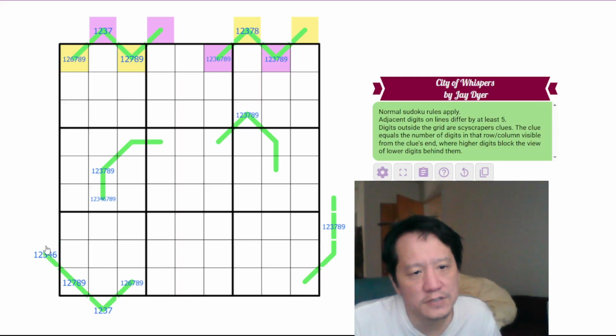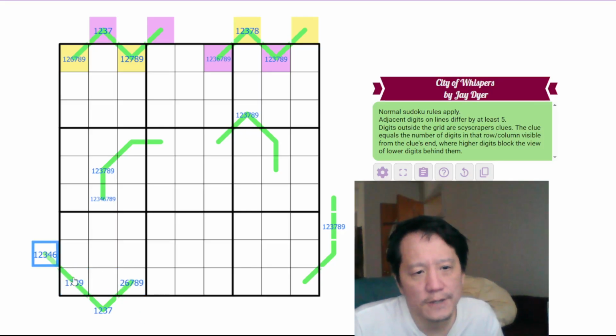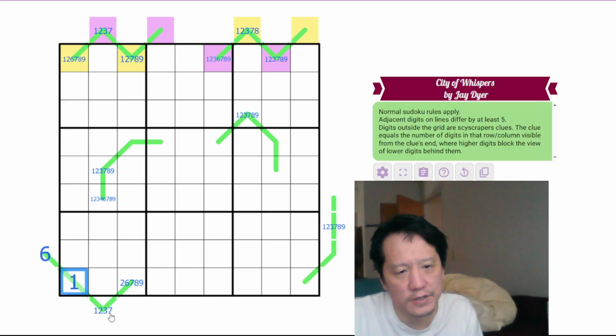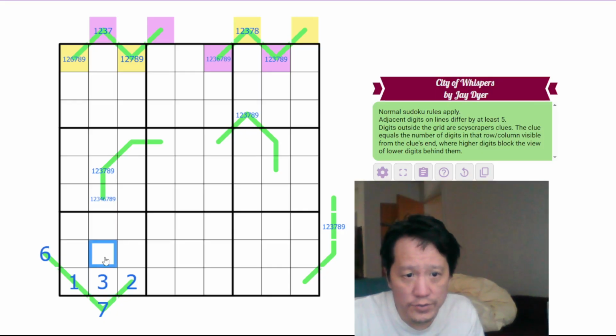Can you have 6 here? So if these are high, it's 6 and 7 here, which would force 1 to be here and 2 to be here. Does that work? So say we have 6 here, 1, this is 2, 7. You have to have 3, 4 here.